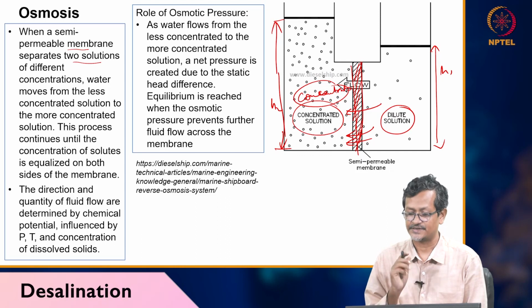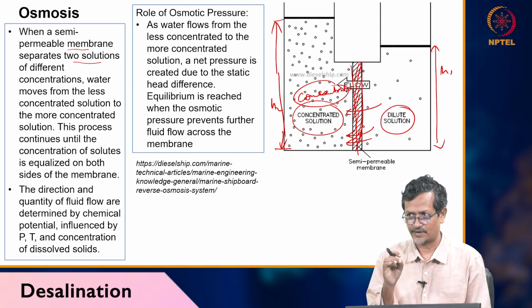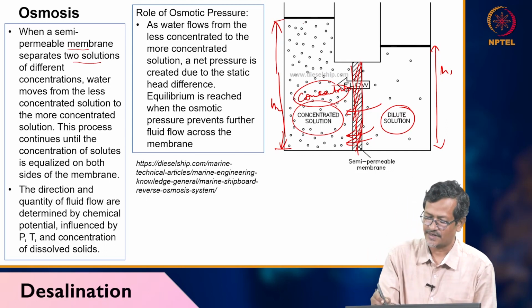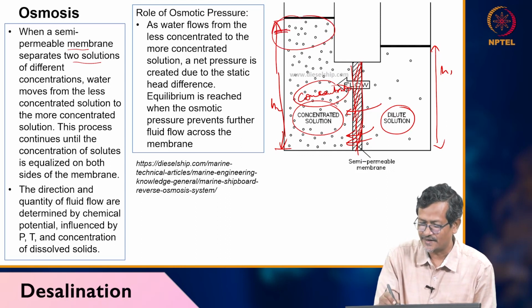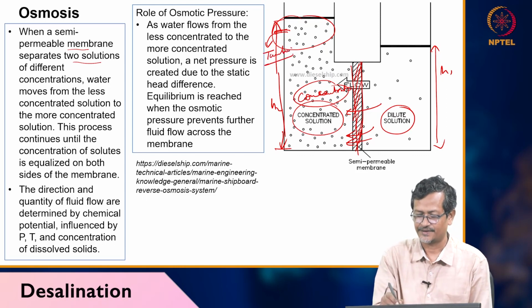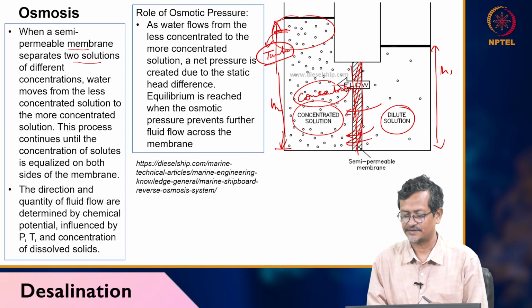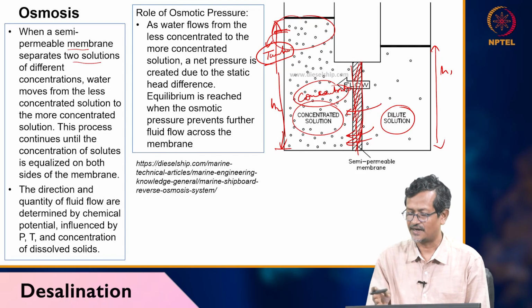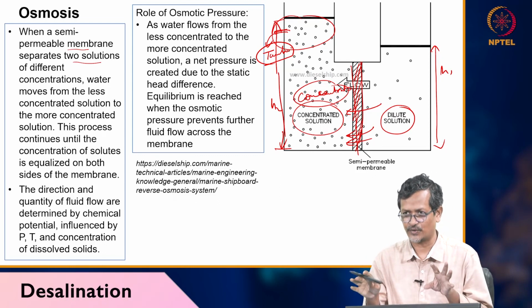This technology is used for one ocean energy conversion system. Because you got higher head here, you collect this water and pass it through a pump or a turbine. If you pass through this turbine, you can get some electricity. So how do you get the different concentrated water?